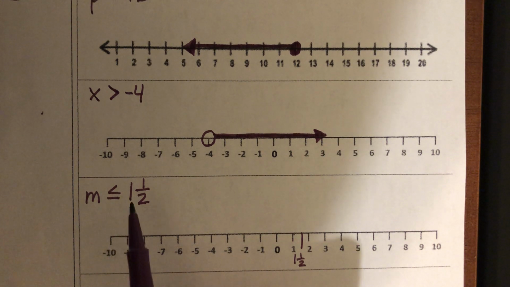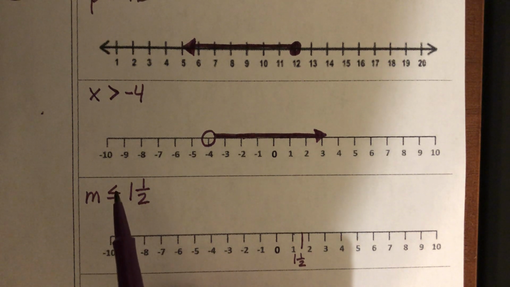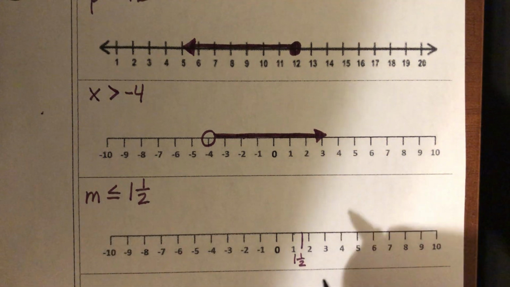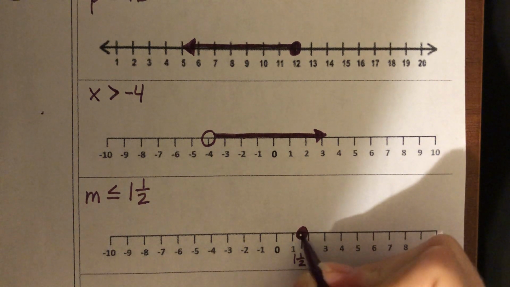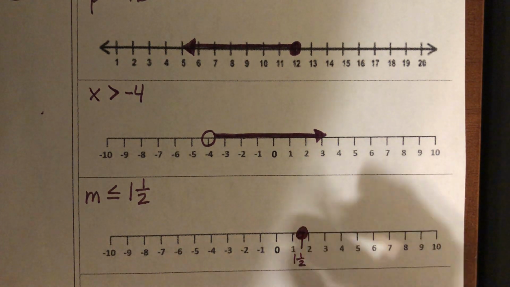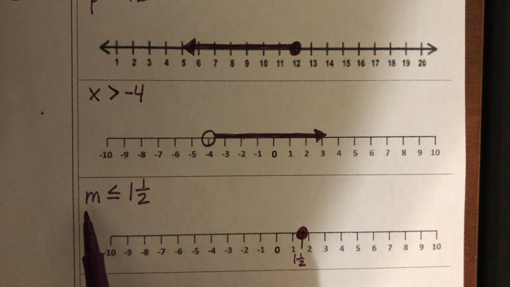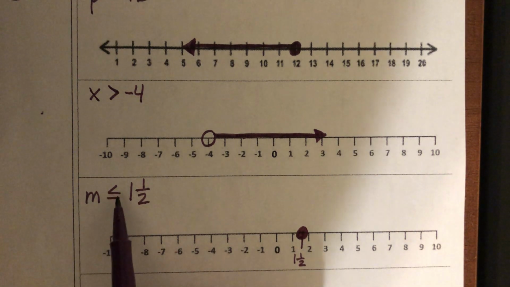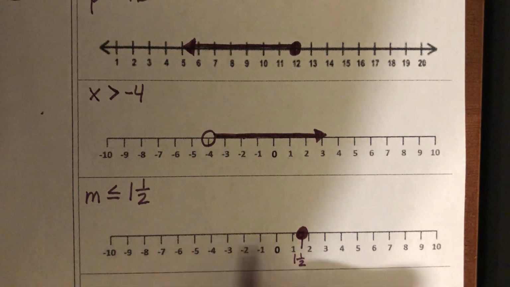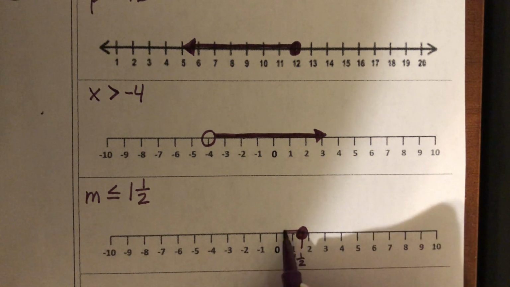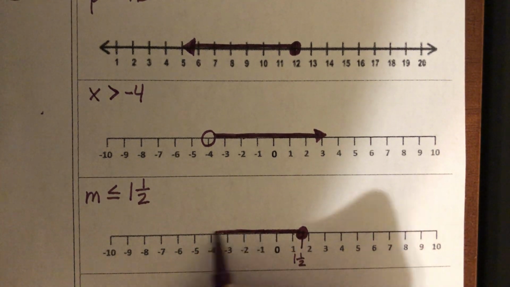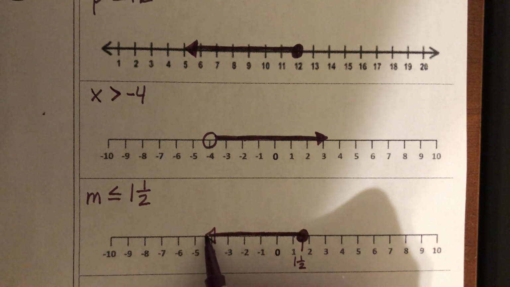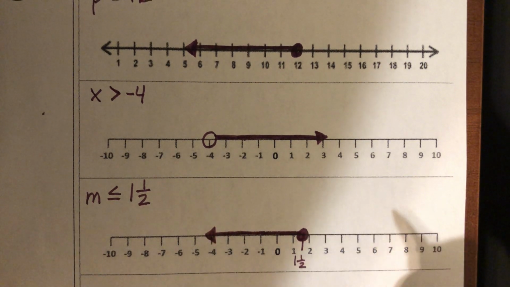What you have to think of is can it be equal to 1.5? And if that equal to line under here is there, we are going to do a closed circle. So we're saying, yes, 1.5 can be a solution. And then this is telling us that m is going to be less than or equal to 1.5. So it's everything that's less than 1.5. All right, so it looks like that.